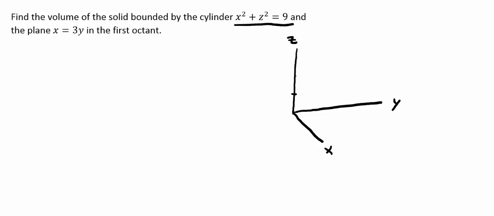So let's go up 1, 2, 3 on the z, out 1, 2, 3 on the x. Draw the quarter circle like so. Then this is the generating curve, and if you translate it parallel with the y-axis, you'll get the quarter cylinder. So it'll come out here somewhere.